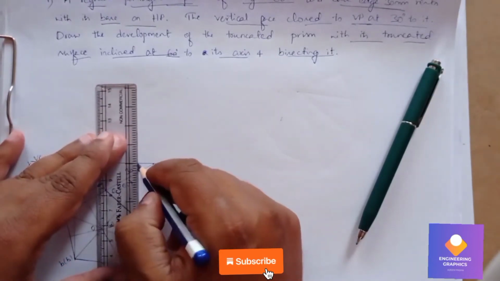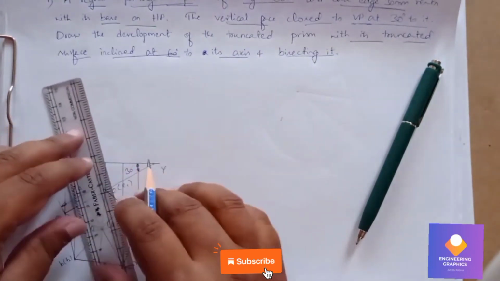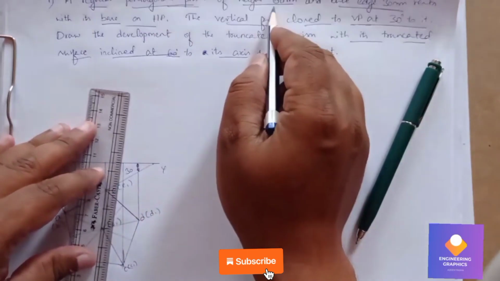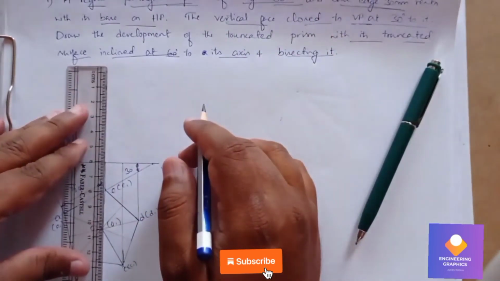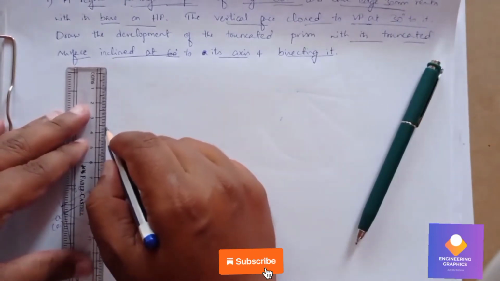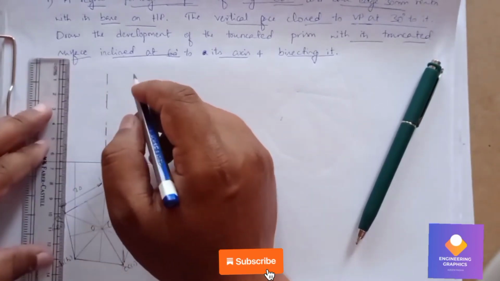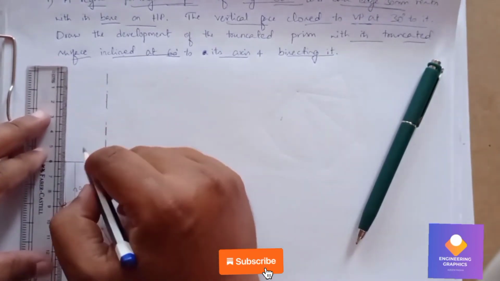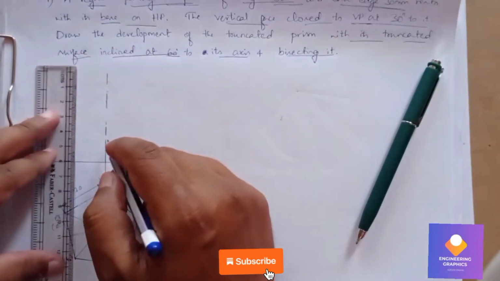Here a line of length 65 mm, sorry, 60 mm it is. So draw an axis of 60 mm. All the edges will have the same length of 60.